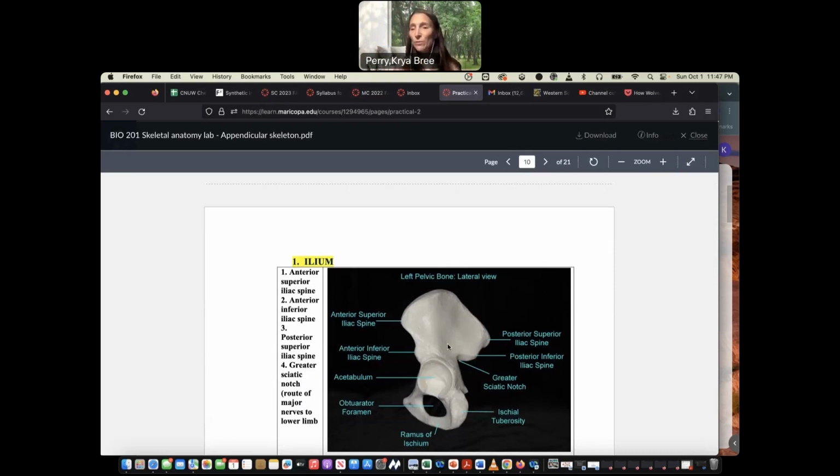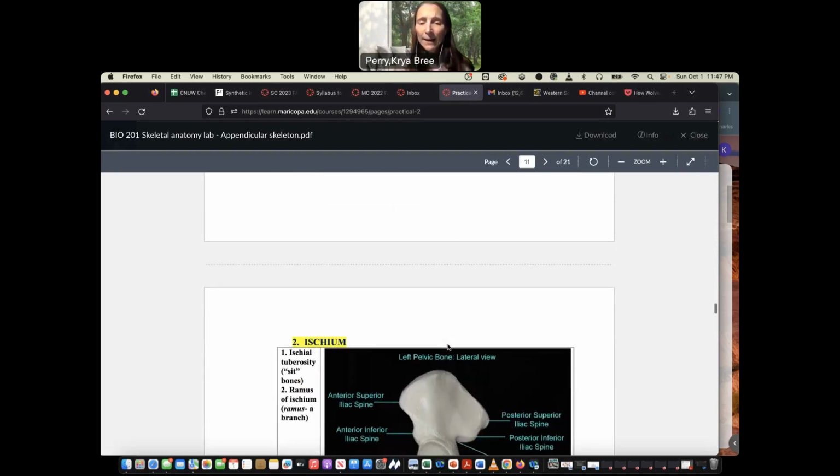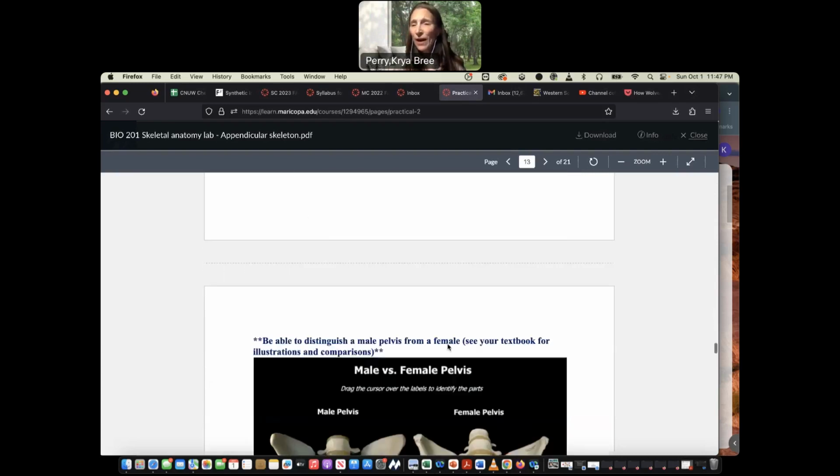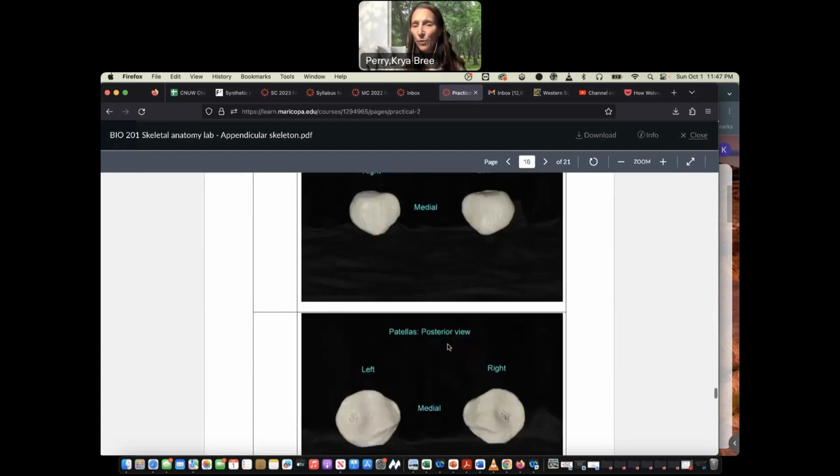But if you can do that, or if you can go to one of those study labs at either the Red Mountain campus or the Southern and Dobson campus, those are going to be ideal for getting your hands on the bones if you need to. So again, you'll find all of that information here for the lab.